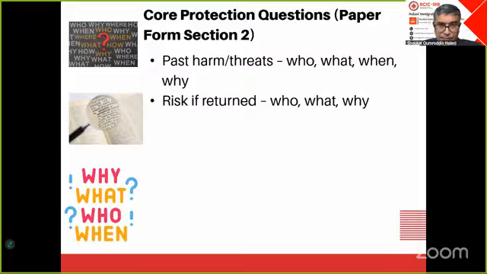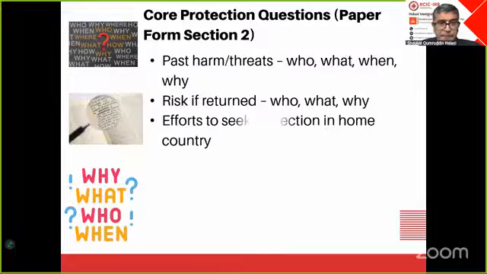Risk if you return: if you will be returning, who will persecute you, or what will be happening with you and why that would happen. Effort to seek protection in home country: you will have to mention what efforts you made to get protection in your home country.